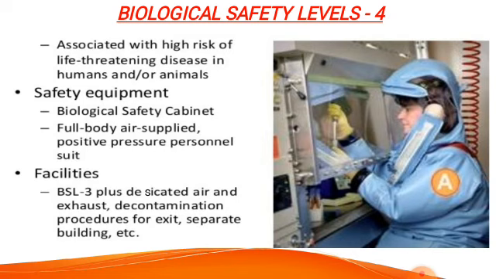So we need safety equipment: a biological safety cabinet, along with a full body air supplied positive pressure personnel suit. For facilities, we need BSL 3 plus dedicated air and exhaust, decontamination procedures for exit, a separate building, etc. These are the needs and facilities for biological safety level 4.